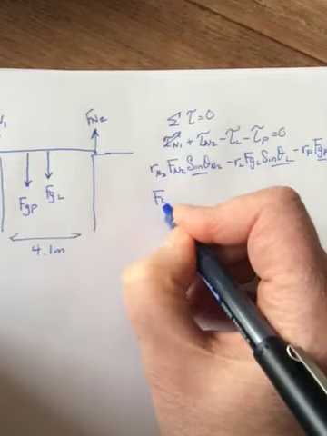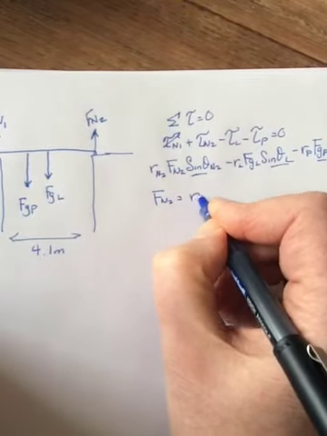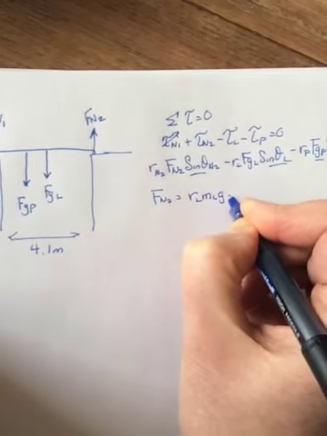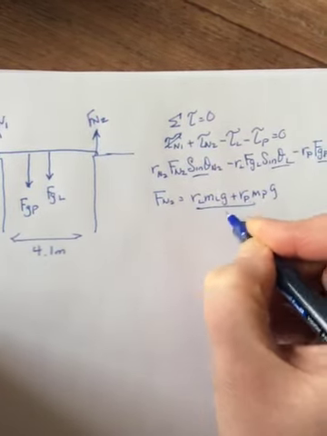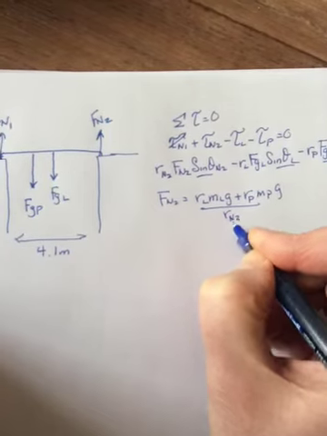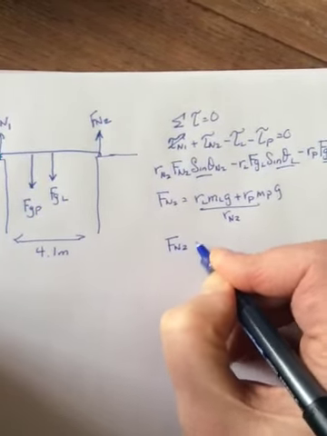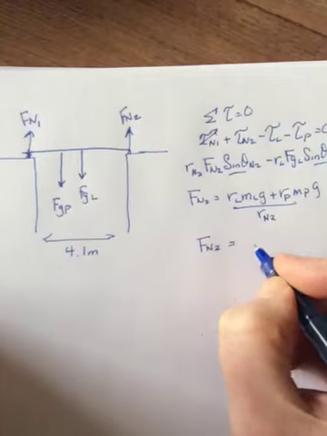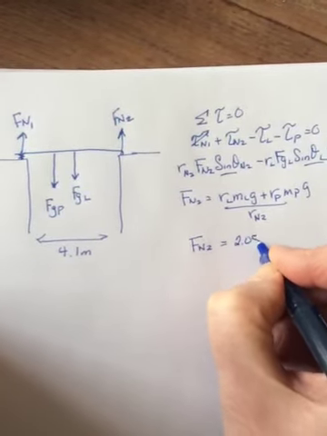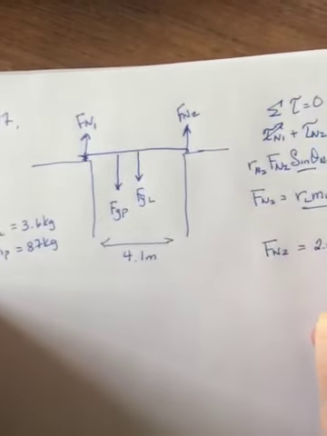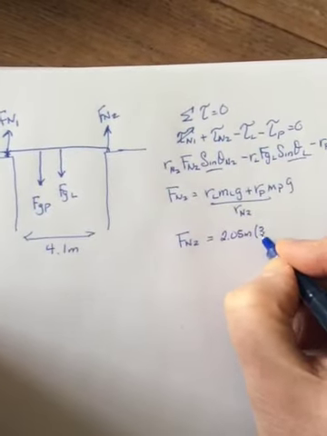And we're looking for Fn2. So take the others over, R of the ladder, M of the ladder, G, plus R of the person, M of the person, G, divided by R, Fn2. So Fn2 is equal to R of the ladder. It was a 4.1 uniform ladder, so 2.05 meters. It was a 3.6 kilogram ladder.